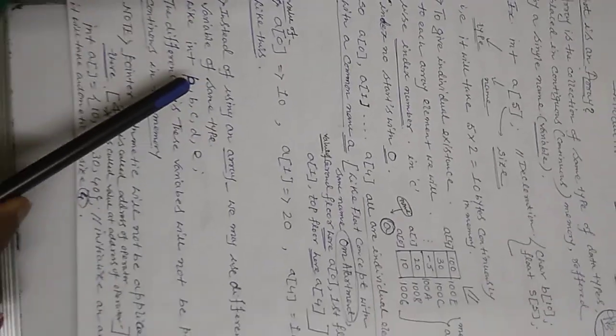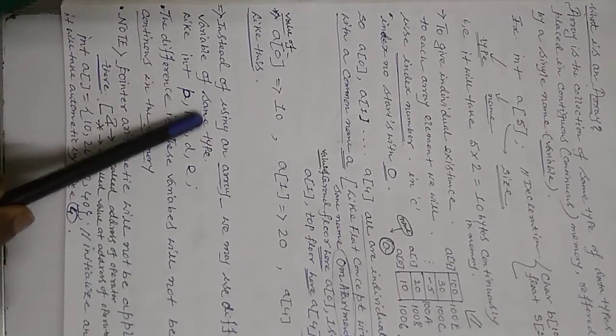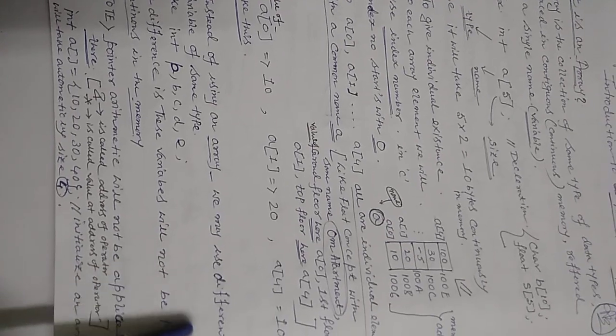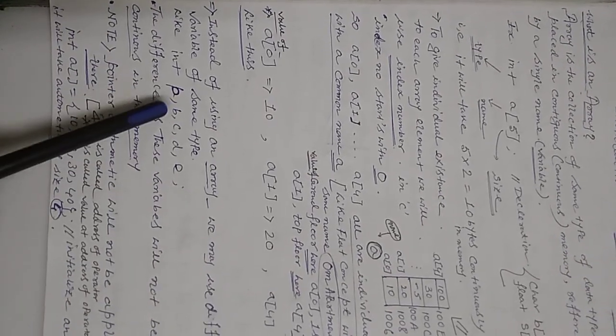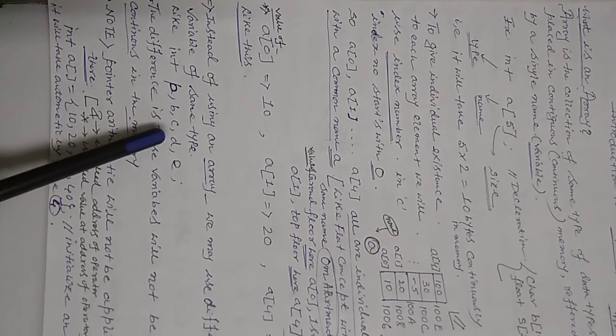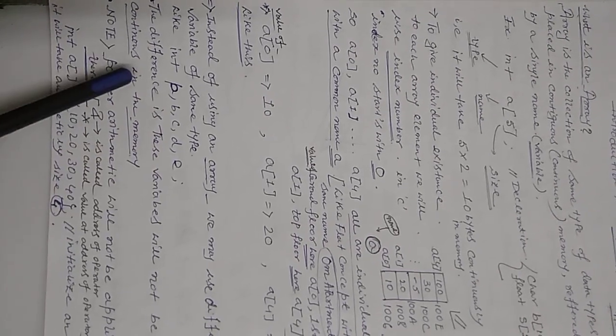So now we are quickly coming to an interesting issue. Why are we declaring an array? Instead of using an array, we may use different variables of the same type, like int p, b, c, d, e.